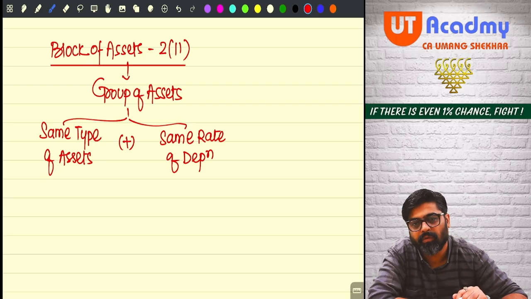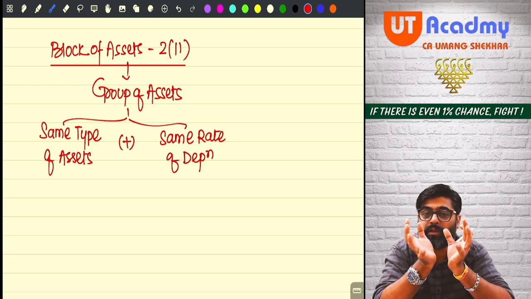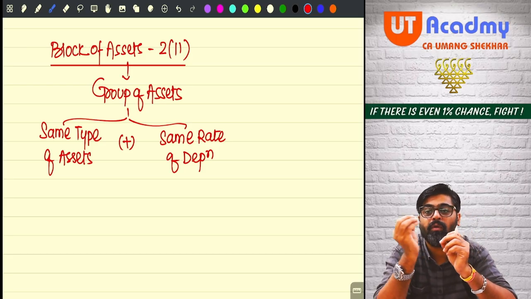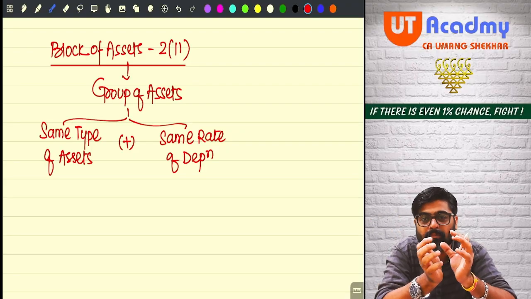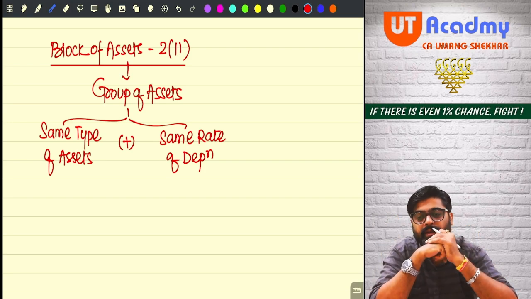Sir, what if buildings are there? All the buildings will be grouped together, but all the buildings do not have the same rate. Some buildings will have 5% rate. Some buildings will have 10% rate. Some buildings will have 40% rate.